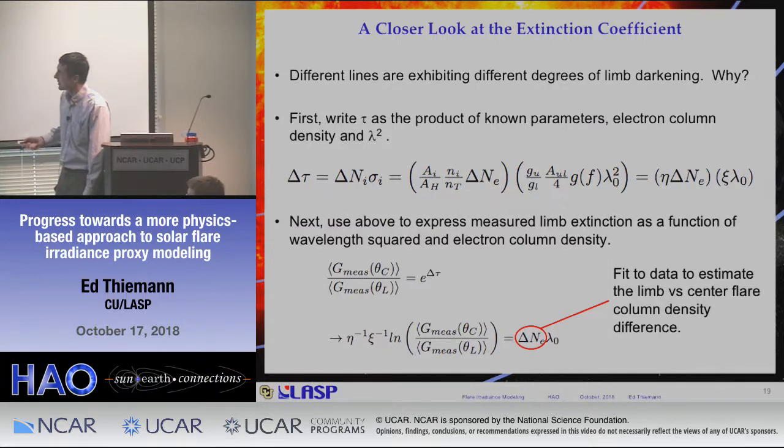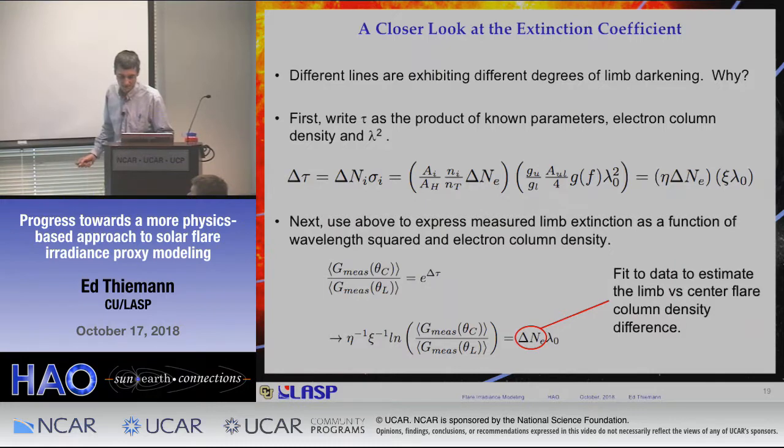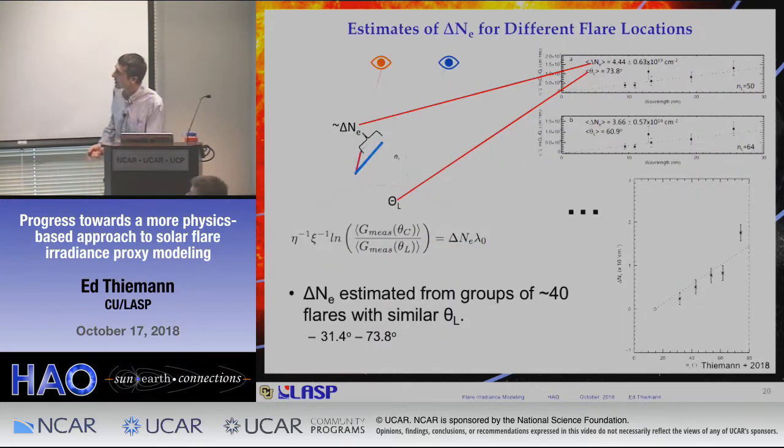And so here's our measurement. And so we can take the natural log of our measurement to isolate the delta tau and multiply it by some factors. And so if we essentially plot this term on the left that we can measure and calculate as a function of wavelength, we should get the average increase in the electron column density along the line of sight.